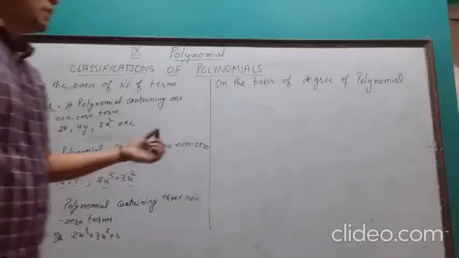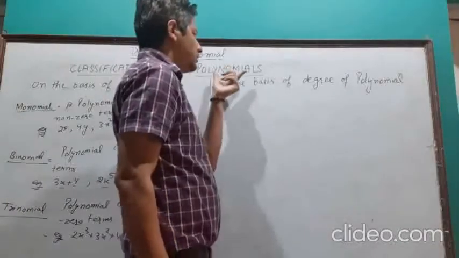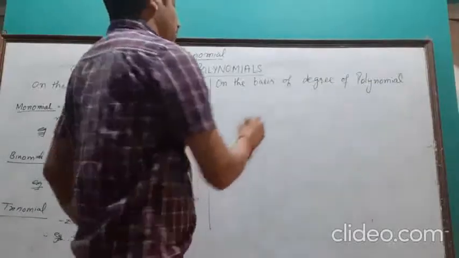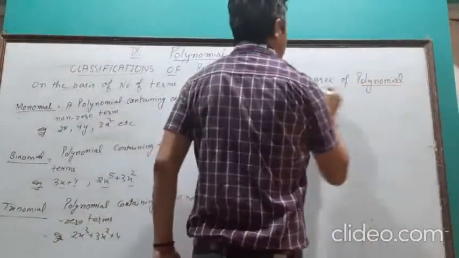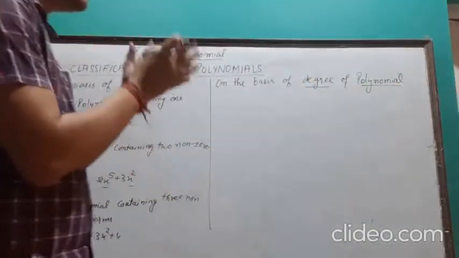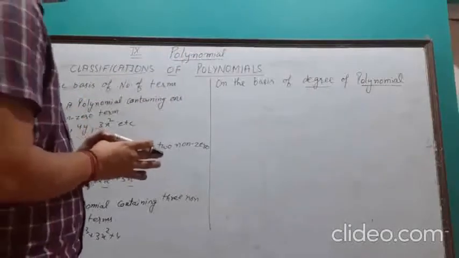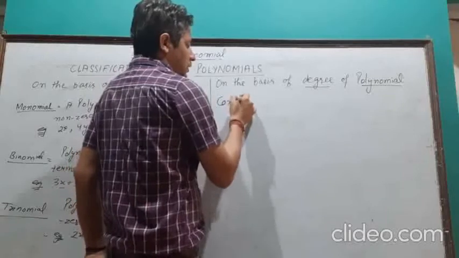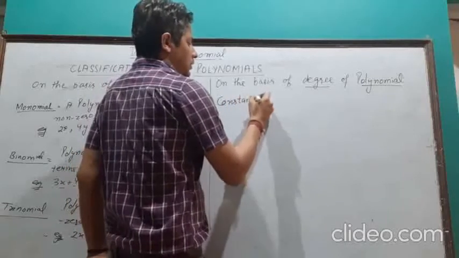Next, the classification of polynomials on the basis of degree of a polynomial. As we know, the degree means the highest power of the variable. So first is constant polynomial.